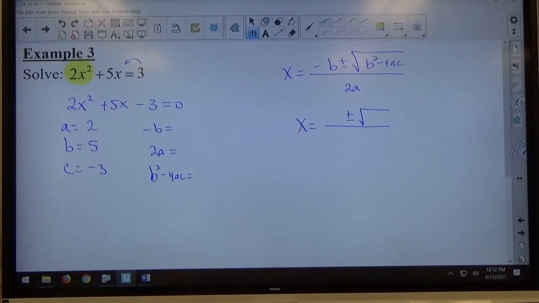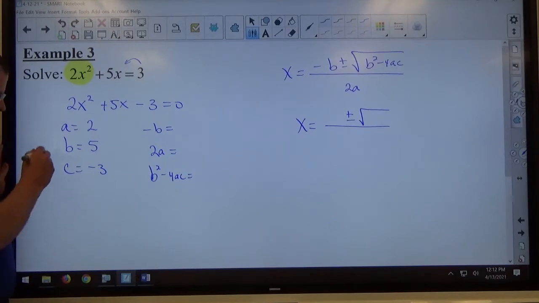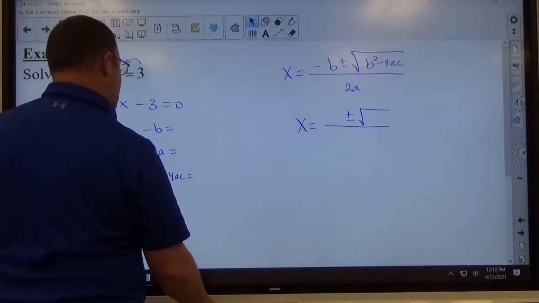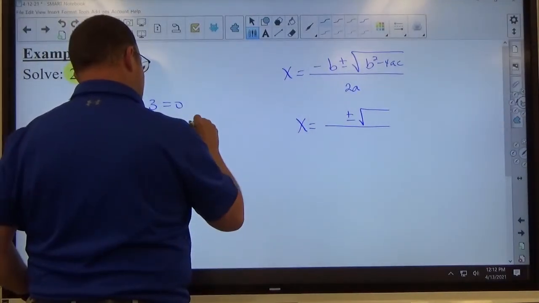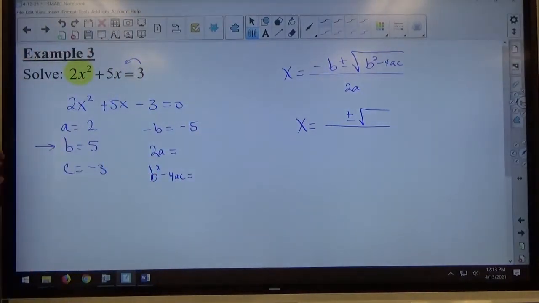So, negative b, minus b, is what? You look at this. It says minus b, b is 5. What does minus b mean to do? Negative 5, thank you, Eric. Negative 5. Change the sign.